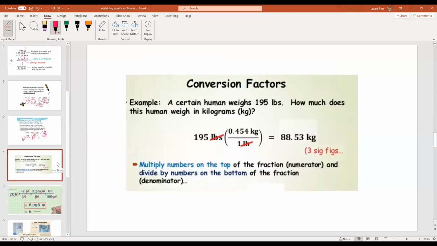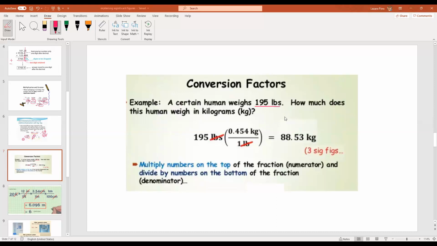Let's continue. Here you have conversion factors. A certain human weighs 195 pounds. How much does this human weigh in kilograms?